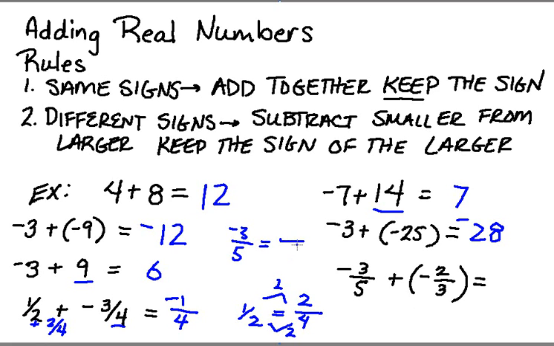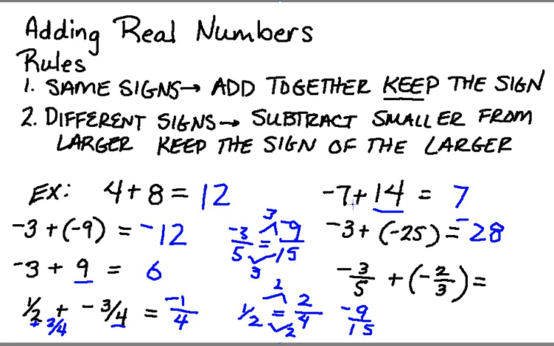So that is going to be my denominator. To get 15 out of 5, I got to multiply by 3. Whatever I do in the denominator, I've got to do in the numerator, and make sure you keep your sign. So this is going to be minus 9 over 15. Okay, so minus 3 over 5 becomes minus 9 over 15.